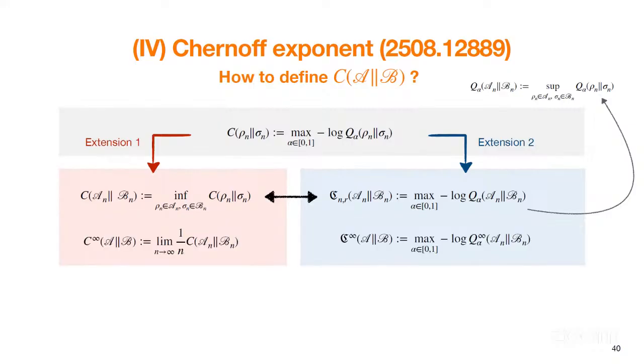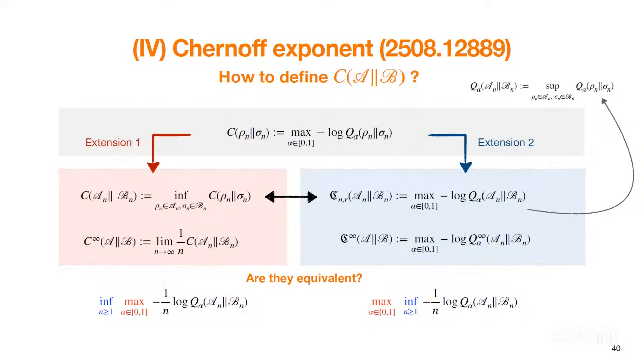And also you extend it to the asymptotic case, and we ask whether they're the same. Write down everything more explicitly. Okay, so this is slightly more complicated than the strong converse exponent.